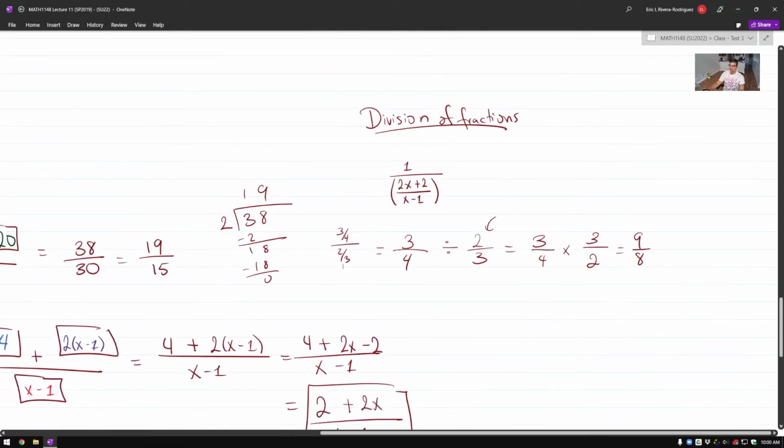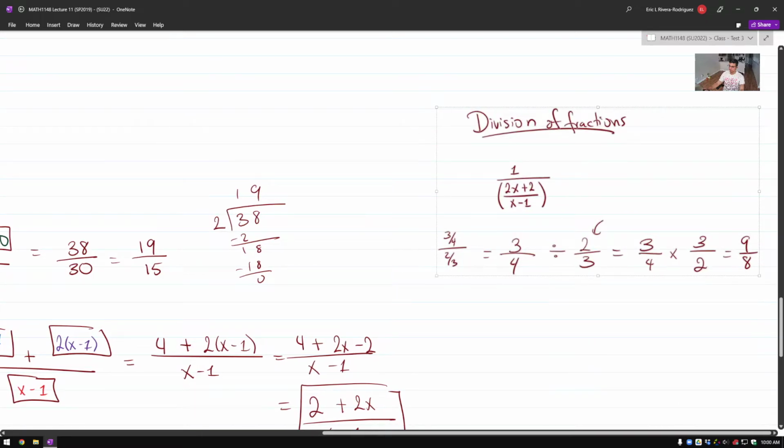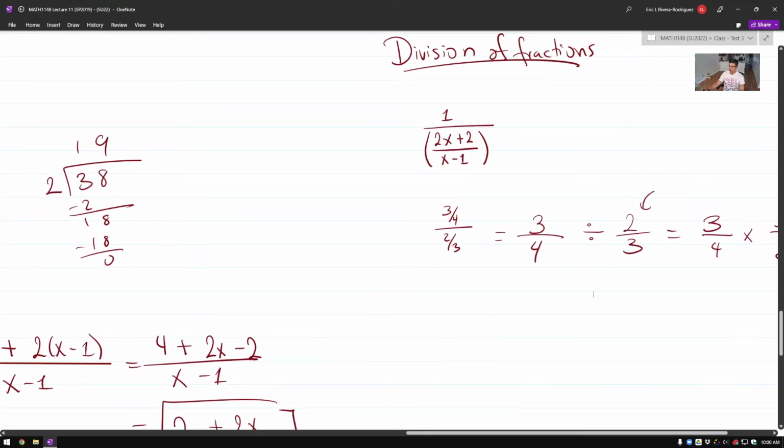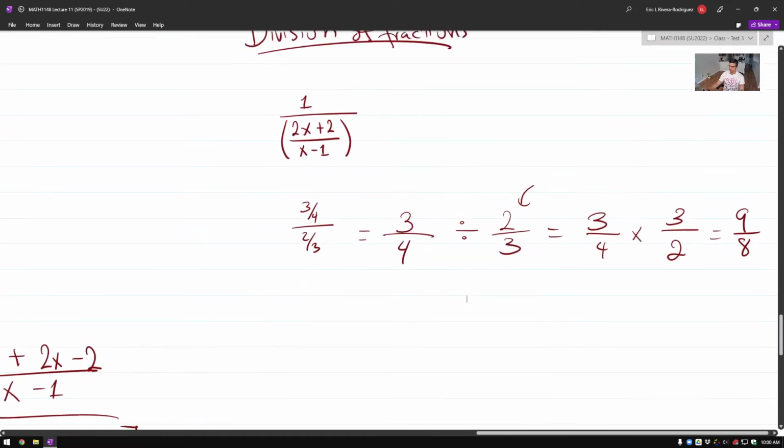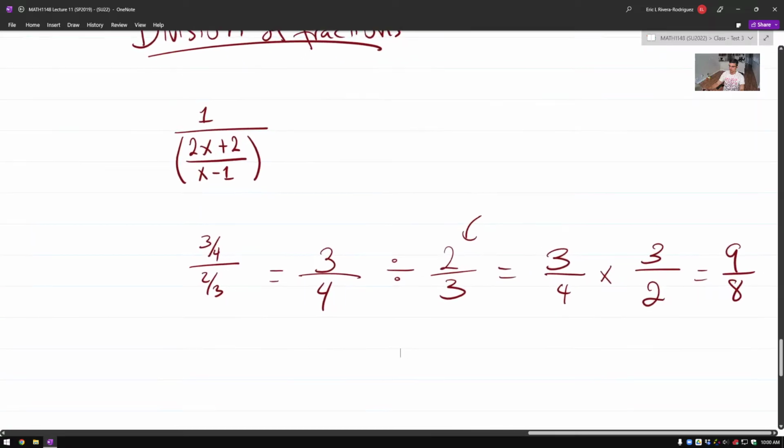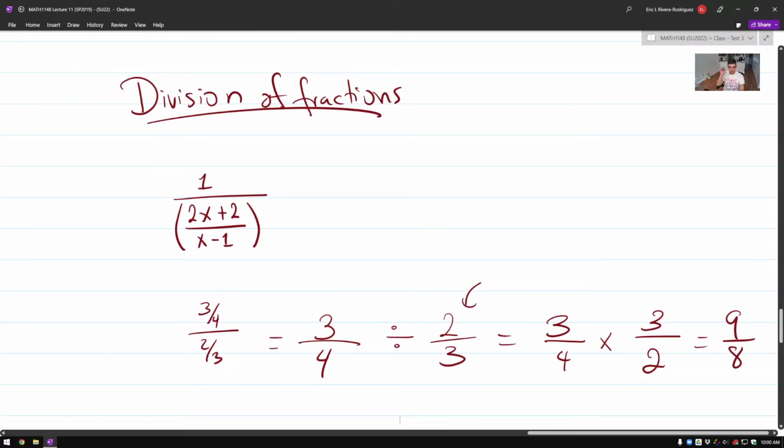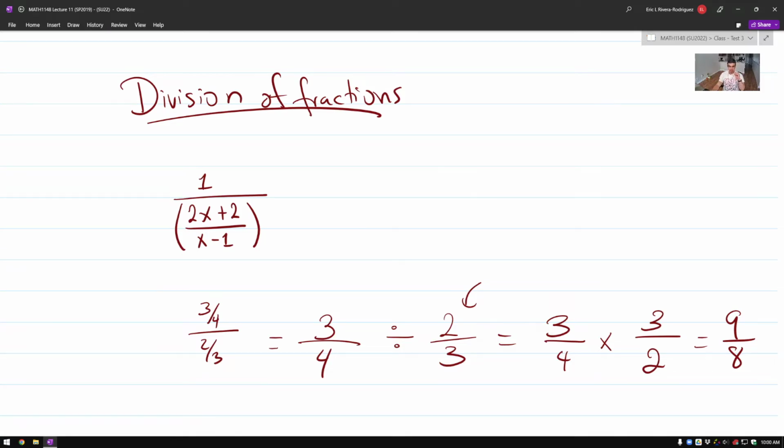Let me expand this and let me move all this because you want more organization. So that is our example, right? Let me finish here and then I'm going to check yours.